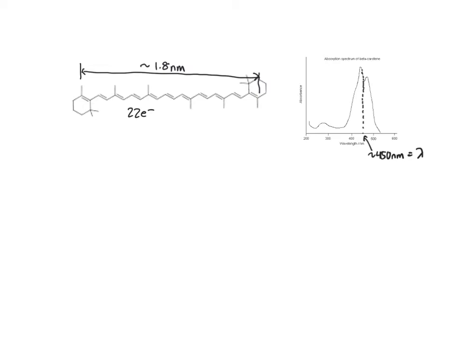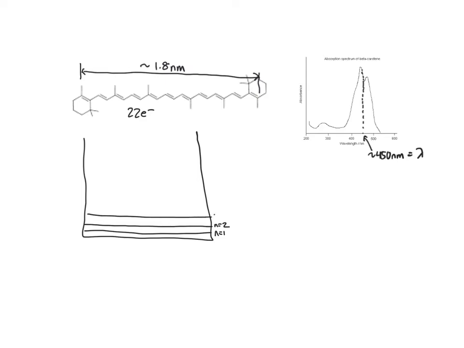So we can model this by the particle in a box problem. And so we have n equals 1, n equals 2, all these different energy levels, n equals 3, n equals 4, they get further and further spaced as we go up, all the way up to, let's say, n equals 11 and n equals 12.